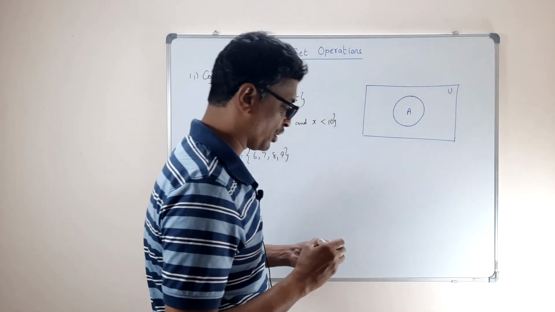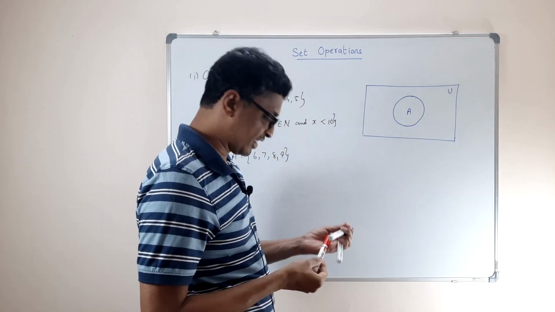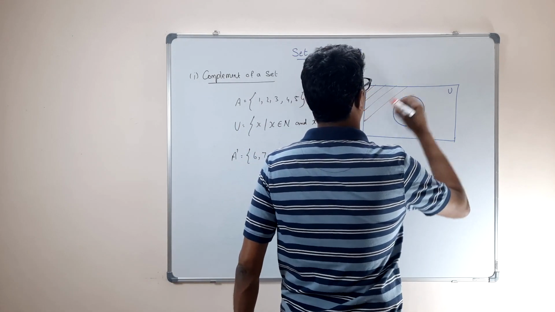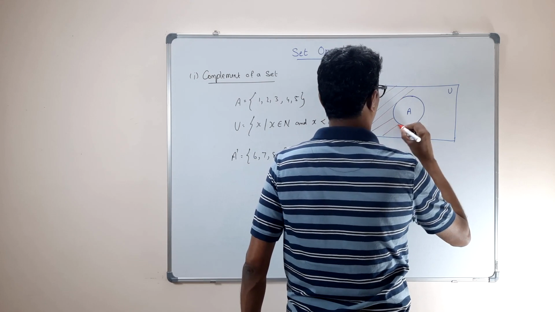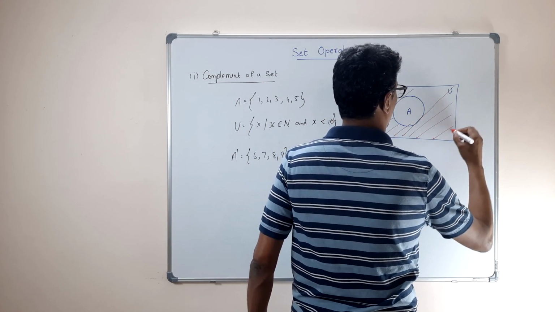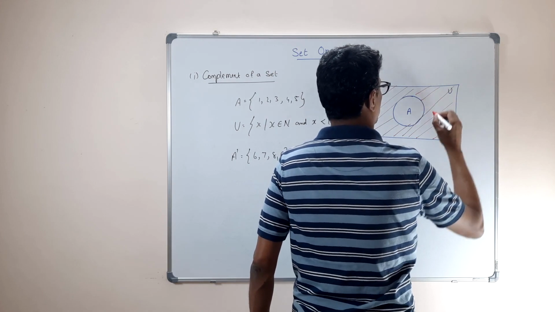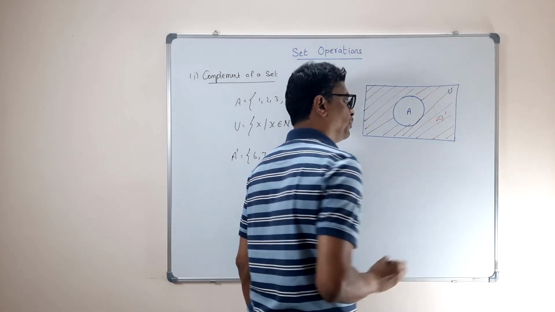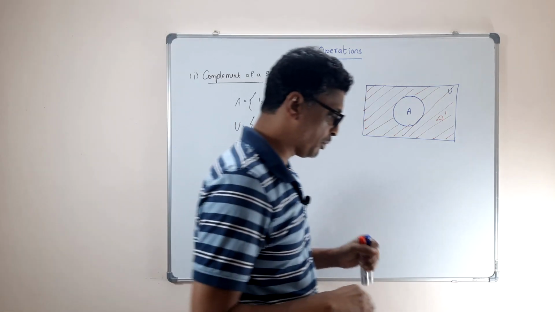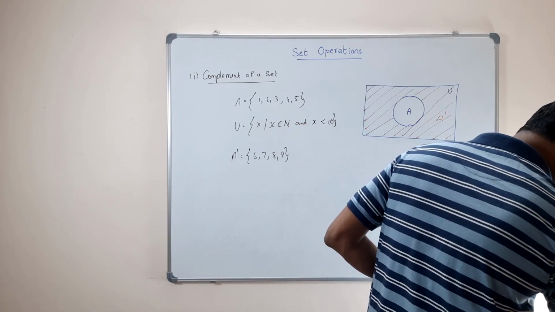Now can you tell me what will be A prime? The rest of the area. So this is the complement of A, this is your A prime. Clear? This is what you call the complement of set A.